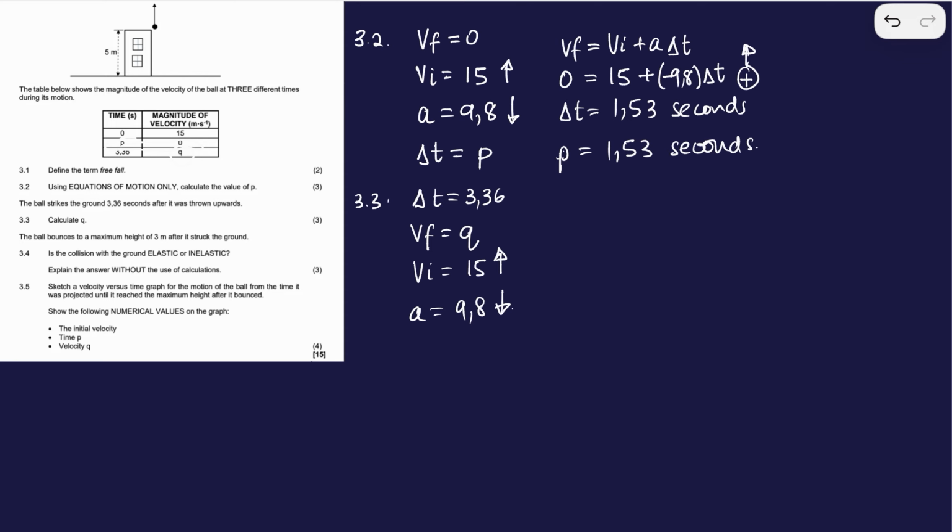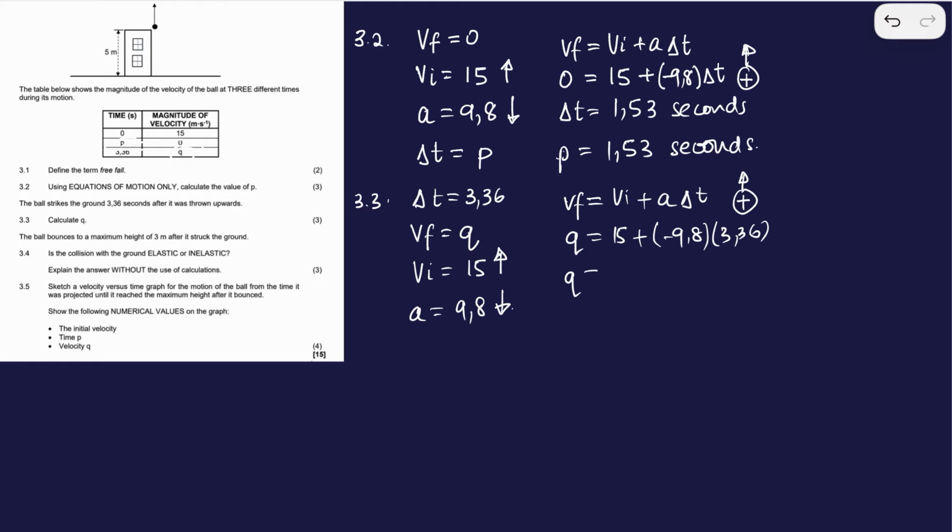Now we want to calculate Vf, so we can use the same formula we used in question 3.2. So Vf is equal to Vi plus a delta t. Now Vf is Q, so Q is equal to, I'm choosing up as positive, so Vi will be positive 15 plus minus 9,8, and the time is 3,36.